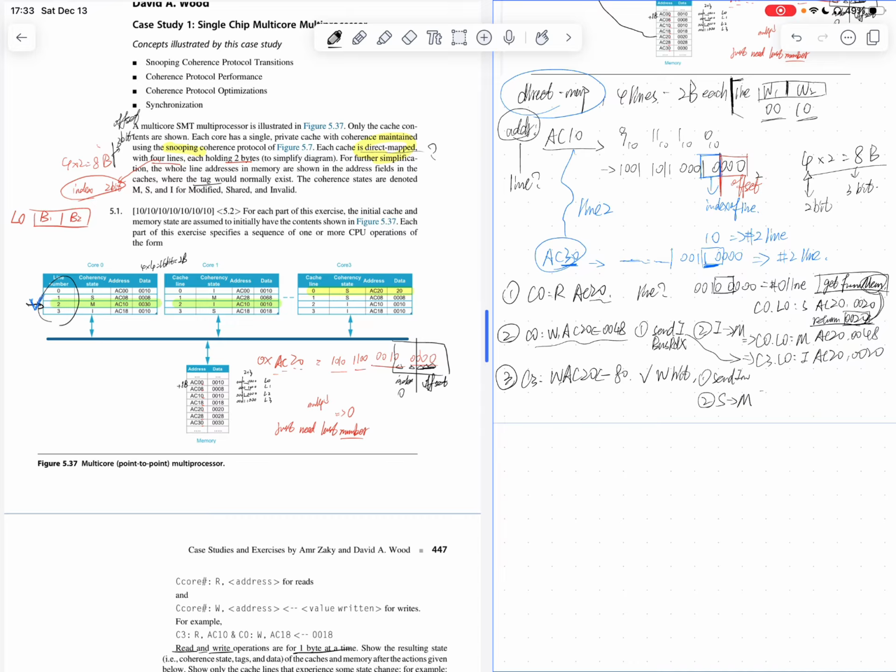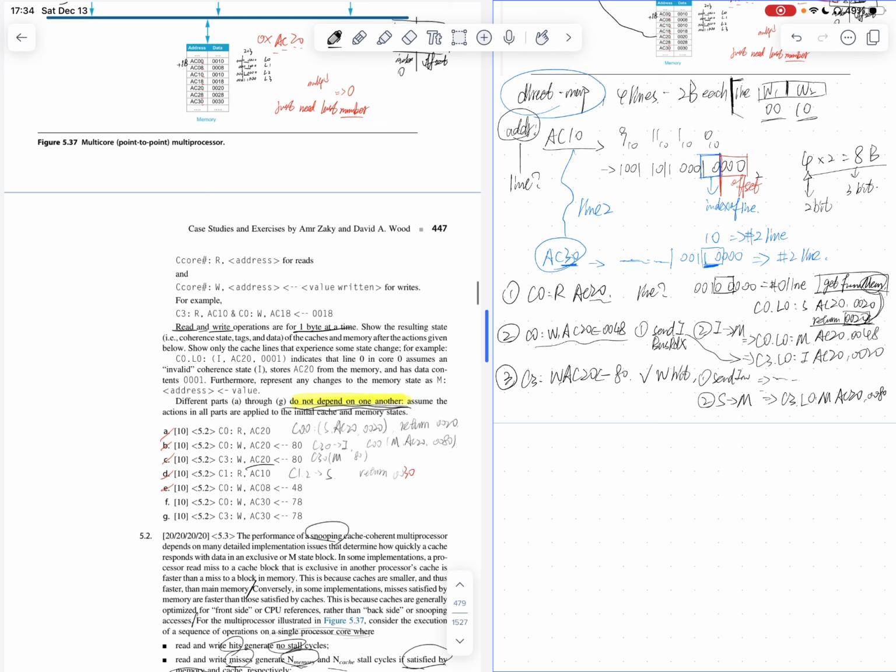Since no one else has AC20 other than our C3, nobody needs to be invalidated. We just change ourselves, C3 line 0, into a modify, AC20 with the data 0080, right?